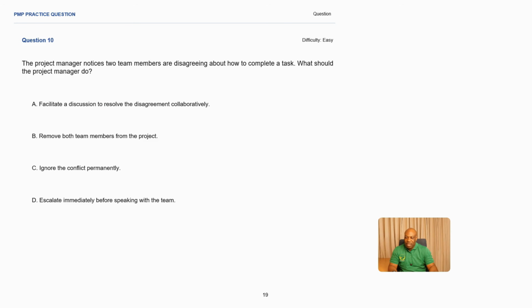Number 10. The project manager notices team members are disagreeing about how to complete a task. What should the project manager do? The difficulty level here is also a C. A is to facilitate a discussion. That makes sense. Remove both team members. You don't remove team members from the project, making this incorrect. Ignore the conflict permanently. You cannot ignore anything in a project environment.